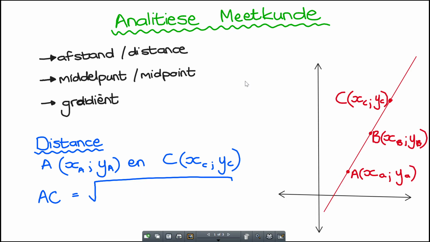Okay. So wanneer jy punte het, when we have lines, and if you forgot this, maybe write it down. Wanneer jy punte het wat op dieselfde lyn lê. Met ander woorde, hulle gaan dieselfde gradient hê. If you look at this line here, the gradient will be the same, doesn't matter where I am on that line. Nee.